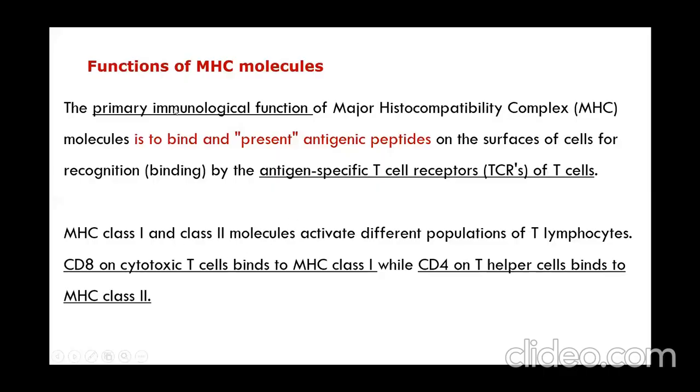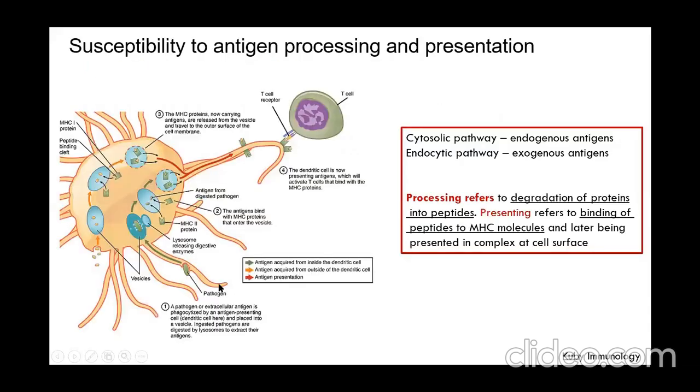Coming to the functions of the MHC molecule, the primary immunological function is to present antigen peptides. They bind the antigen peptides and present them specifically to the T cell receptor. How they do this with CD8 and CD4, class 1 and class 2, we discussed in previous classes. One more important concept is antigen processing and presentation.